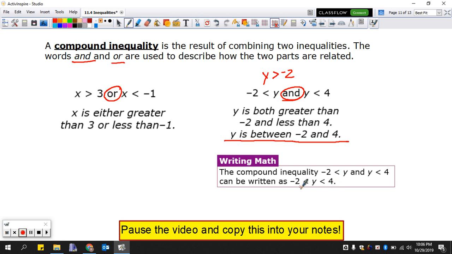So it's a combination of both of these inequalities. All right, so pause the video and copy this information into your notebook.